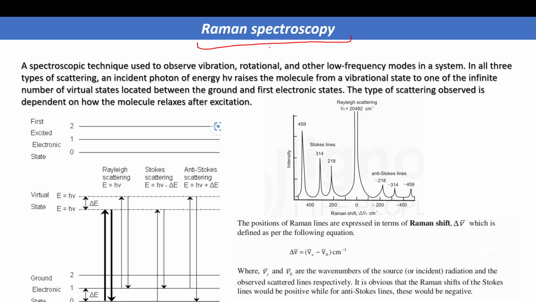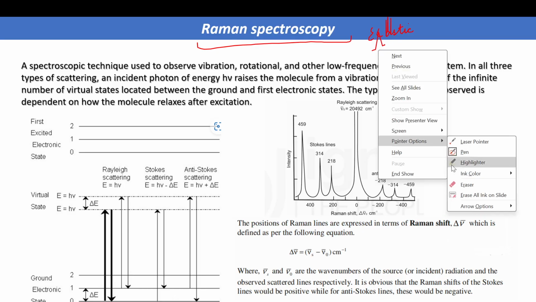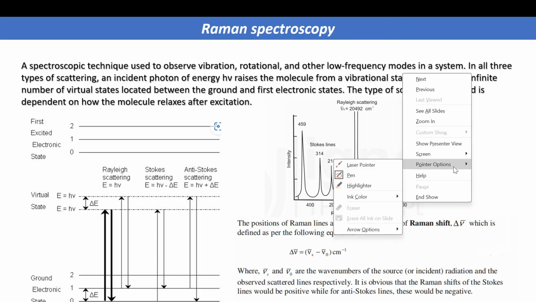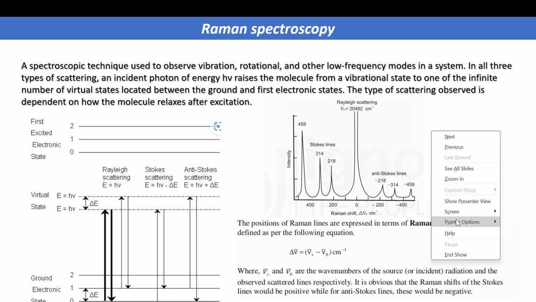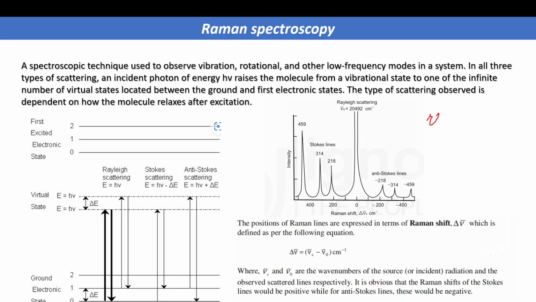Basically, there are two types of scattering: elastic scattering or inelastic scattering.